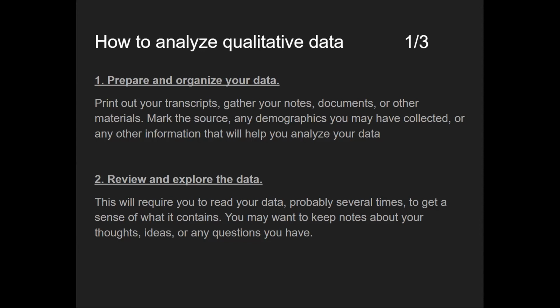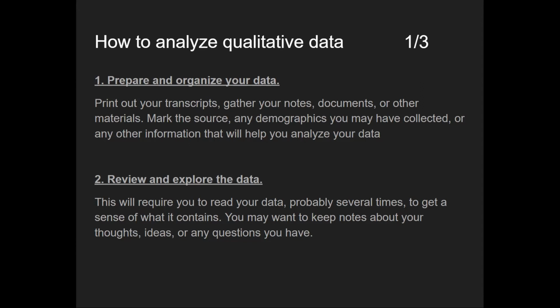There is some software in which you can transcribe audios, but the one that I find easier to work with is that, right? So you have your interview, you need to transcribe it, and then you have it on paper.